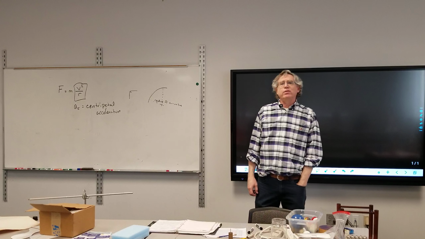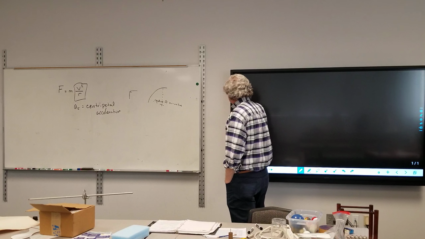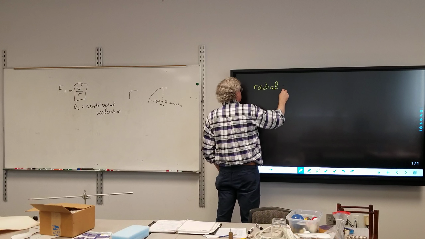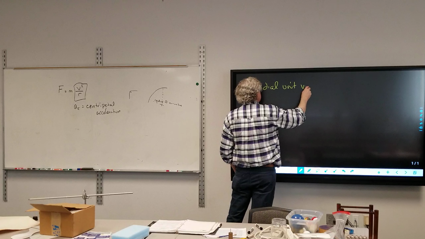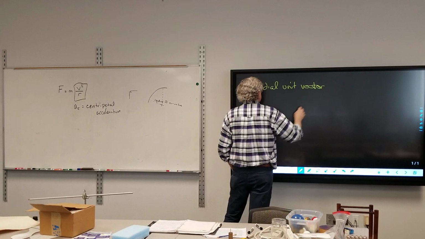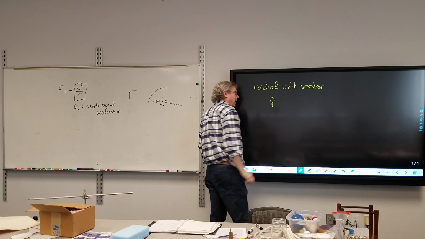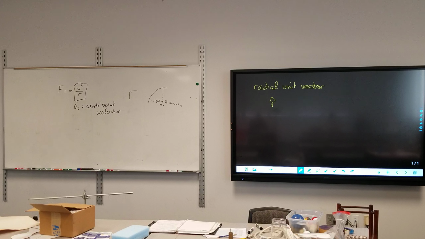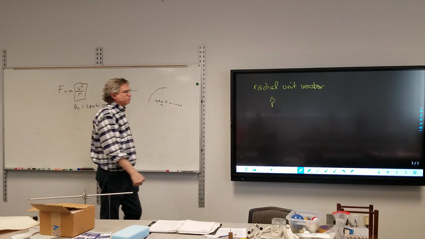I'll introduce to you the radial unit vector. R hat. I hat points in the direction that you say it is, J hat's perpendicular to that, pointing in the direction you say it is. R hat's got slightly different restrictions on it.